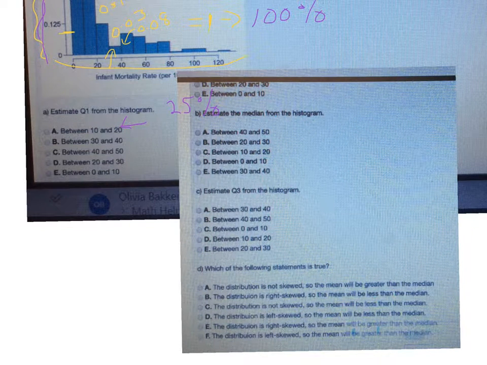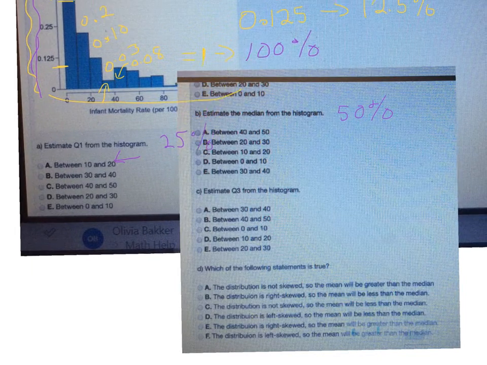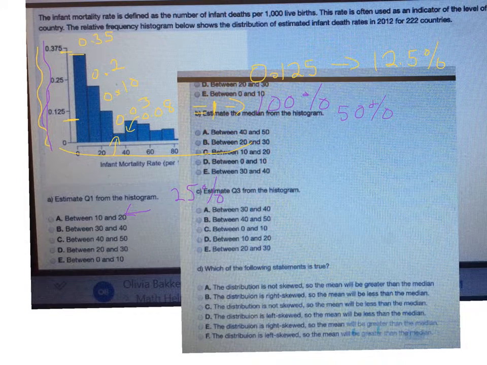So estimating the median from the histogram, remember that the median is the 50th percentile, or the halfway point in your data. And so you have to figure out from your graph where 50% is going to occur. And we can see that with the 0.35 and the 0.2, those would add up to 0.55, which is already more than 50% of the data.